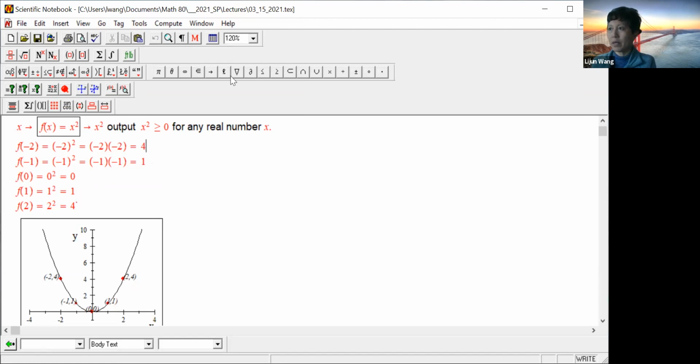And we make these points, okay? So we compose these points, input, output. Input is -2, output is 4. And this will make another point. And we put these points on the rectangular plane, right? And the next one, that's what we did, didn't we?